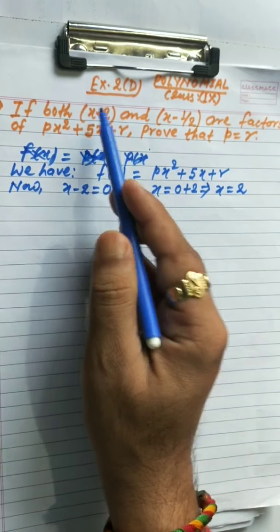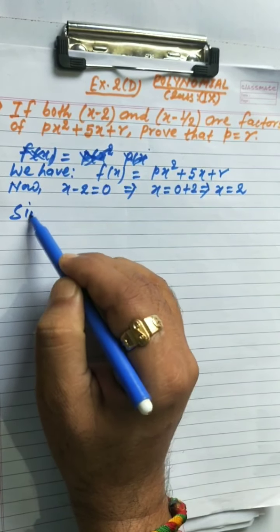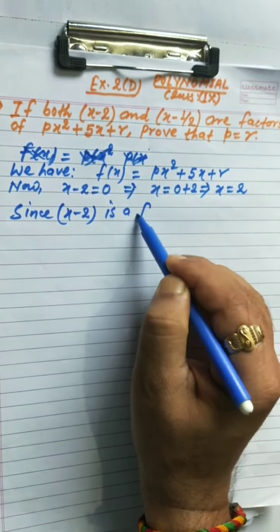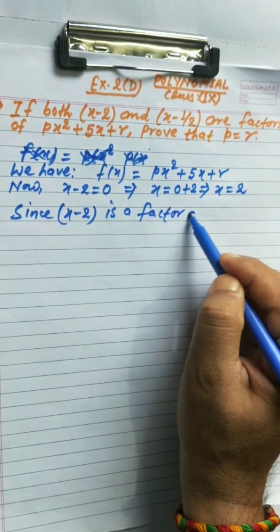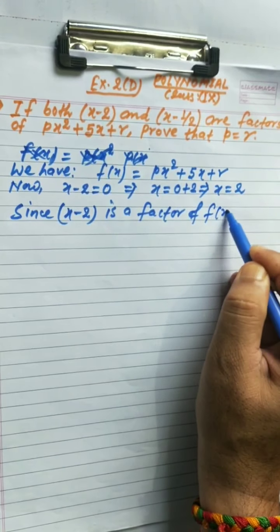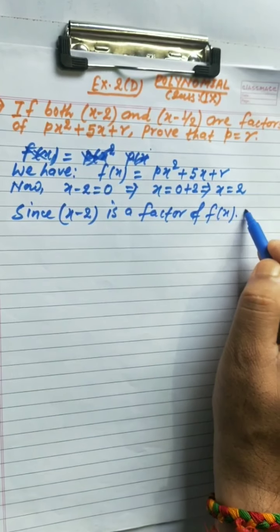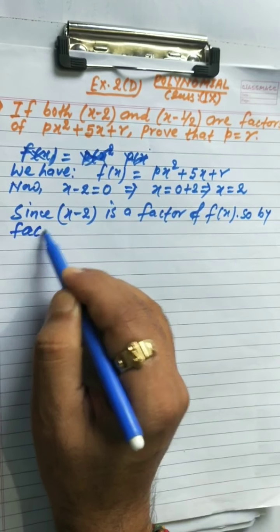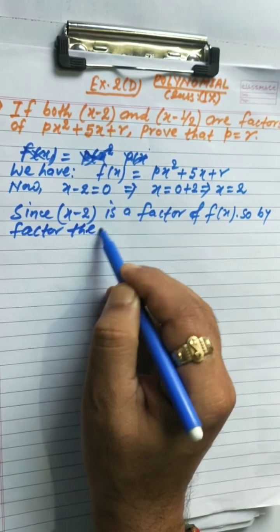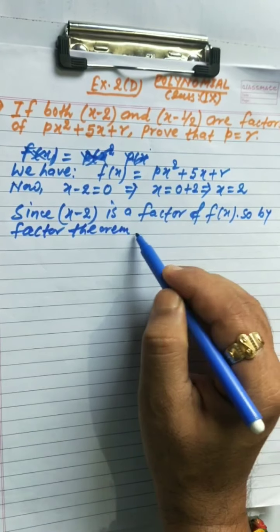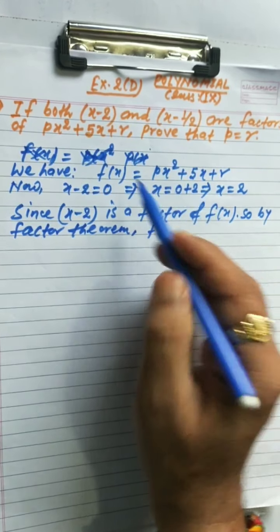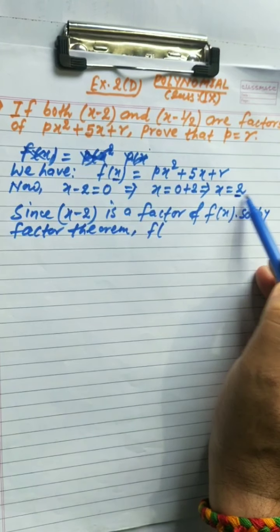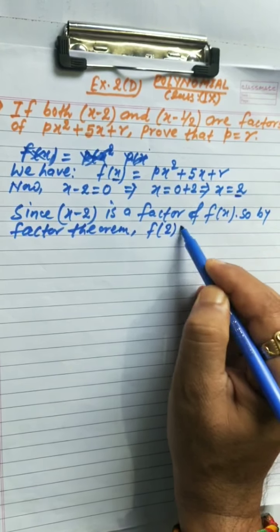Now since x minus 2 is a factor of f of x, by factor theorem, f of, replace this x by the value of x, which is 2, will be equal to 0.